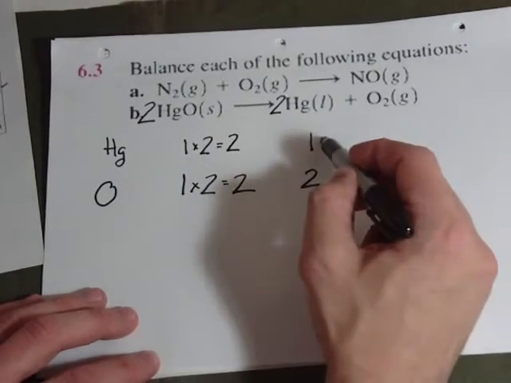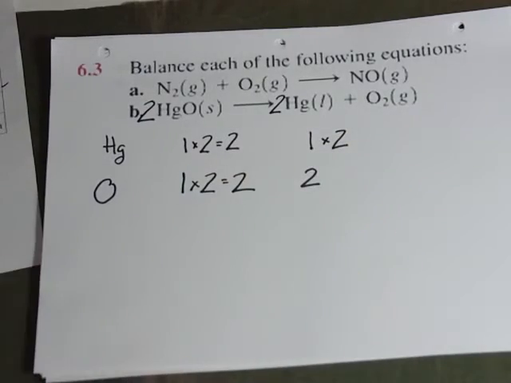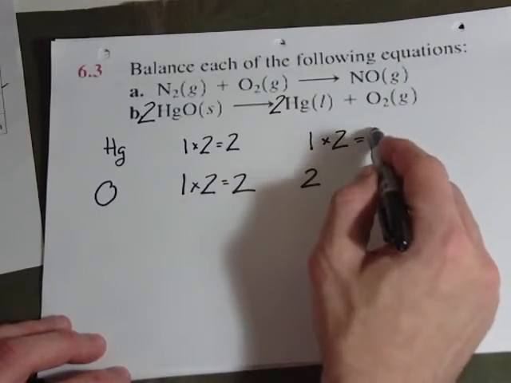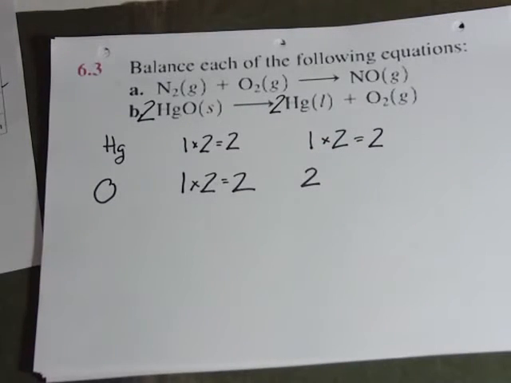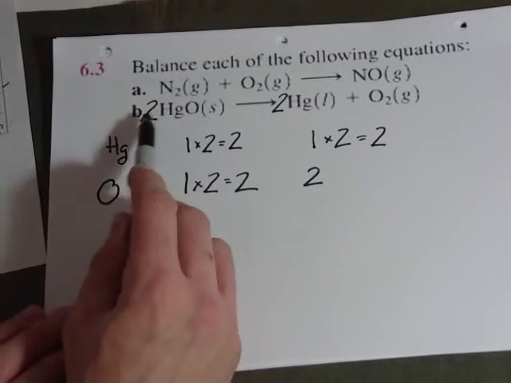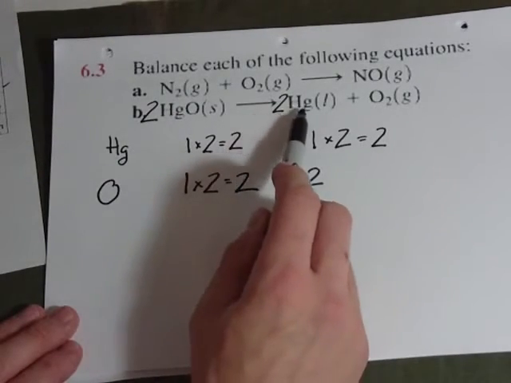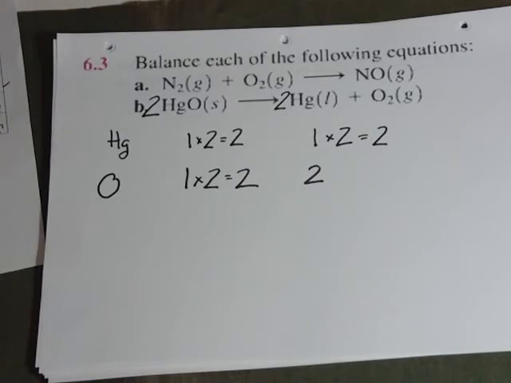Since it's just mercury by itself, nothing else is affected. Now we have a balanced reaction: 2 mercuries and 2 oxygens in the reactants, and 2 mercuries and 2 oxygens in the product.